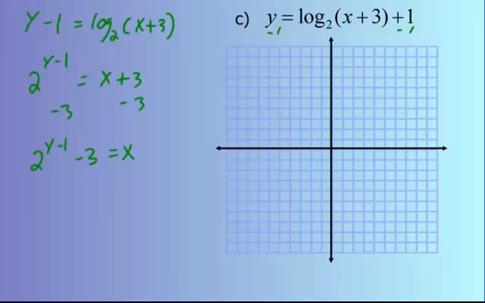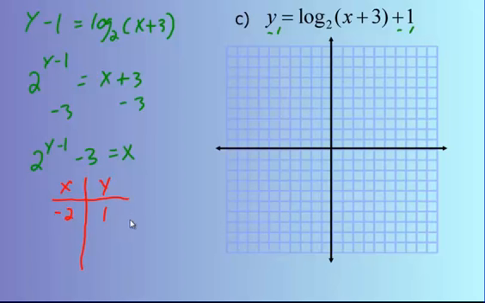So I'll go ahead and break out my table, and I'll work it the same. I'll substitute values of y and get x. So let's say I put in 1 for y. Well, 1 minus 1 is 0. 2 to the 0th power is 1. 1 minus 3 is -2.